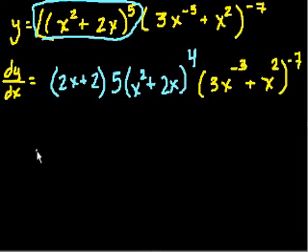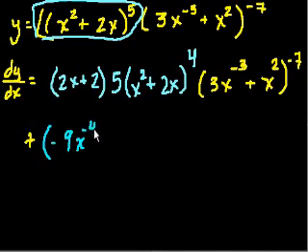So we did that. And then to that, we add the derivative of this second term times this first term. So we're going to use the chain rule again. So what's the derivative of this second term? I'll switch back to the light blue. So light blue means the derivative of one of the terms. So we take the derivative of the inside. So the derivative of the inside is, let's see, minus 3 times 3 is minus 9x, go down 1 to the minus 4, plus 2x.